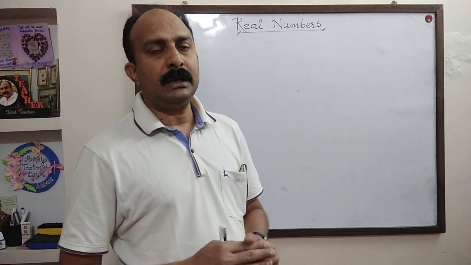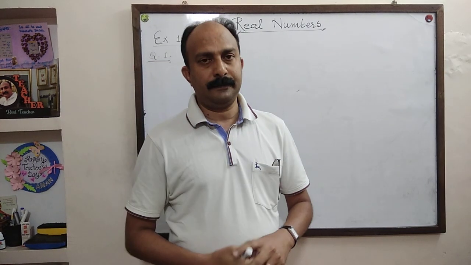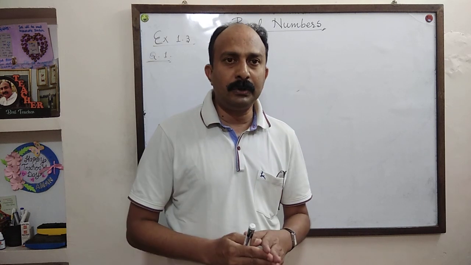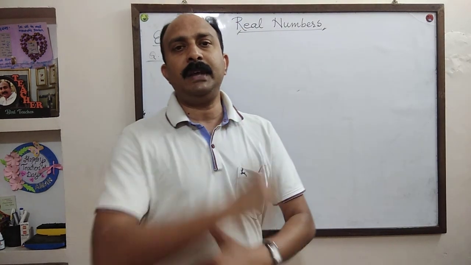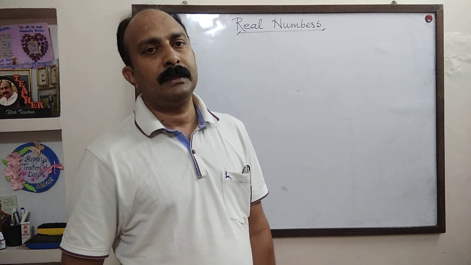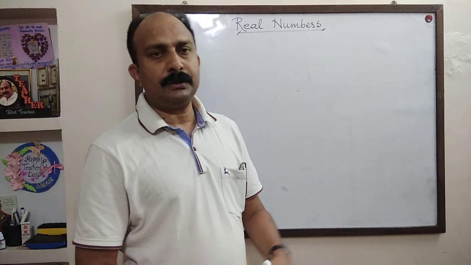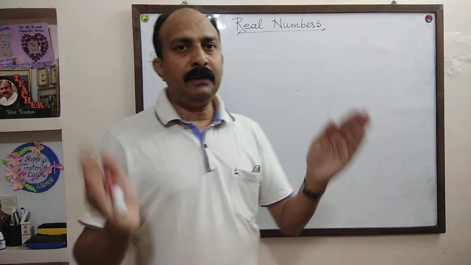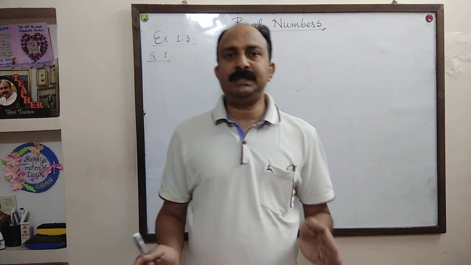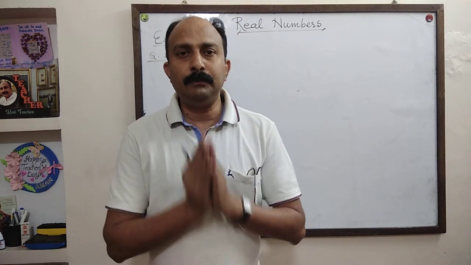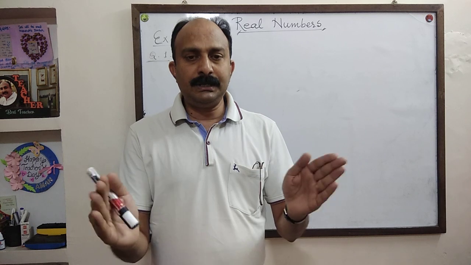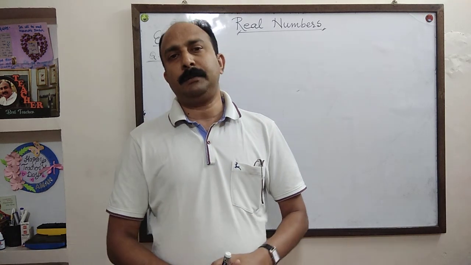We will suppose that root 5 is rational. We will suppose just the opposite of the answer that we are expecting. Then we will continue the question, and finally we will reach such a stage where we will come to know that this condition is not possible at all in mathematics.